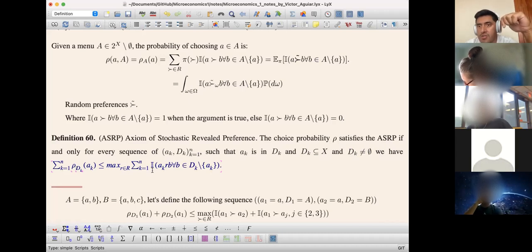So these ones and zeros that we just discussed, the capital I, of the following event, that a_k is above, according to preference R, every alternative b in the menu D_k that is not a_k. So in other words, a_k is the maximizer of preference relation R, and this event is either a 1 or 0, and then I'm adding over the whole sequence.